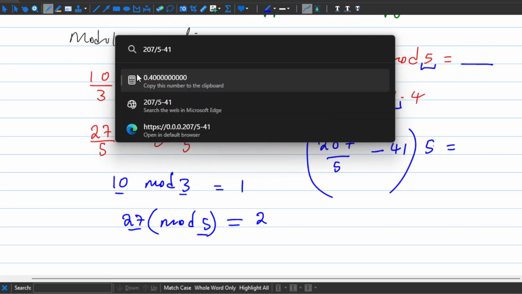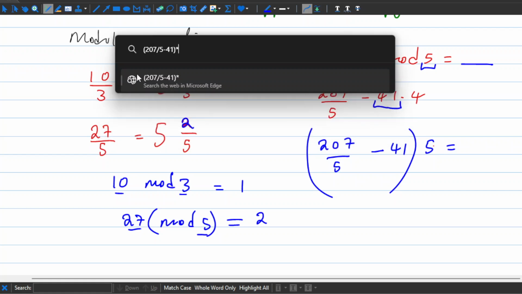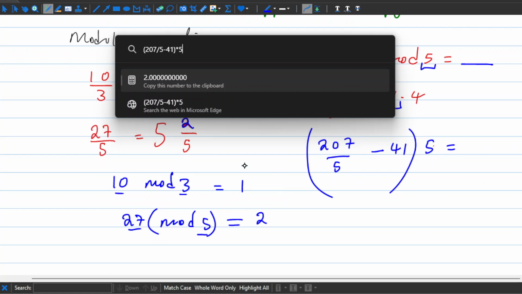You have that number, then everything multiplied by the divisor, which is 5 in this case. So that gives us the number 2.